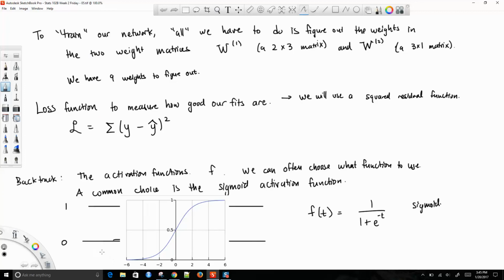So we can rewrite y hat to be a bunch of nested functions also, if need be.